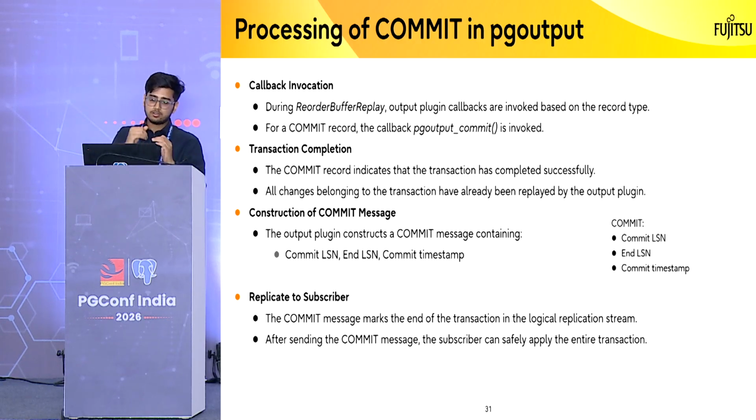So our commit message is constructed, which consists of three pieces of information: commit LSN, end LSN and the commit timestamp, and it is sent to the subscriber by the WAL sender process.